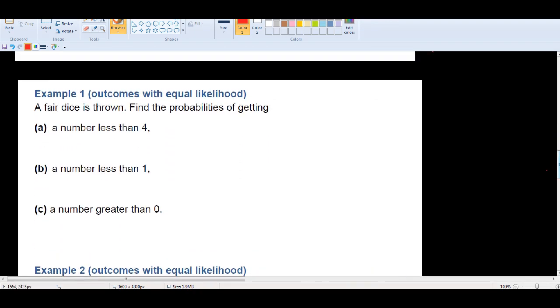Alright, so let's do some very simple questions. I know most of you possibly know how to do this. It's just revision, and I also put things into context. For example, a fair die, so the outcomes have equal likelihood. A number less than 4: the event is less than 4, so you will get 1, 2, or 3. There are 3 of them.